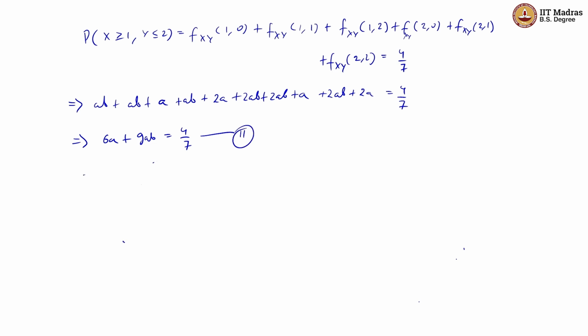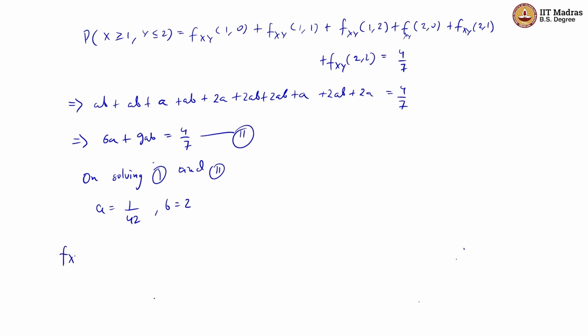On solving 1 and 2, we will get A is equal to 1 by 42 and B is equal to 2.